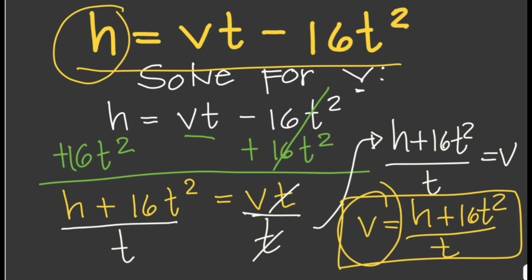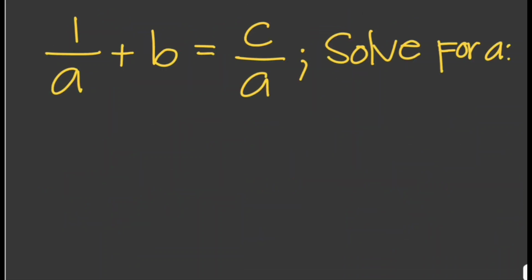Let's try another one. Now let's say we're given this formula, 1 over a plus b equals c over a, and we are asked to solve for a. Now take a look at the original formula. We have a on both sides, and we are asked to solve for a.